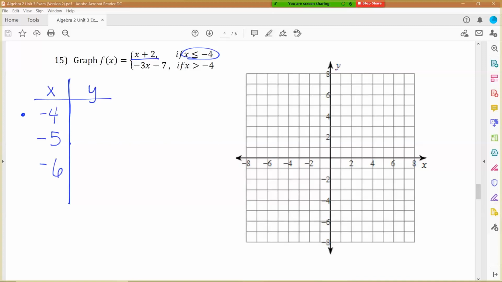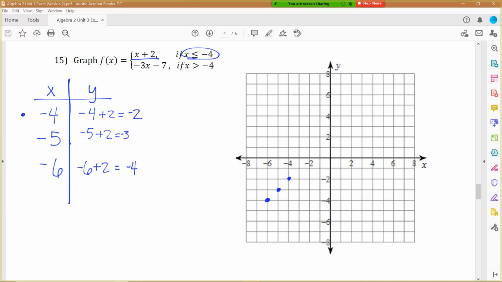All I have to do to figure out my y values is take x plus 2. -4 plus 2 is -2, -5 plus 2 is -3, -6 plus 2 is -4. That gives me 3 ordered pairs: -4, -2; -5, -3; and -6, -4.